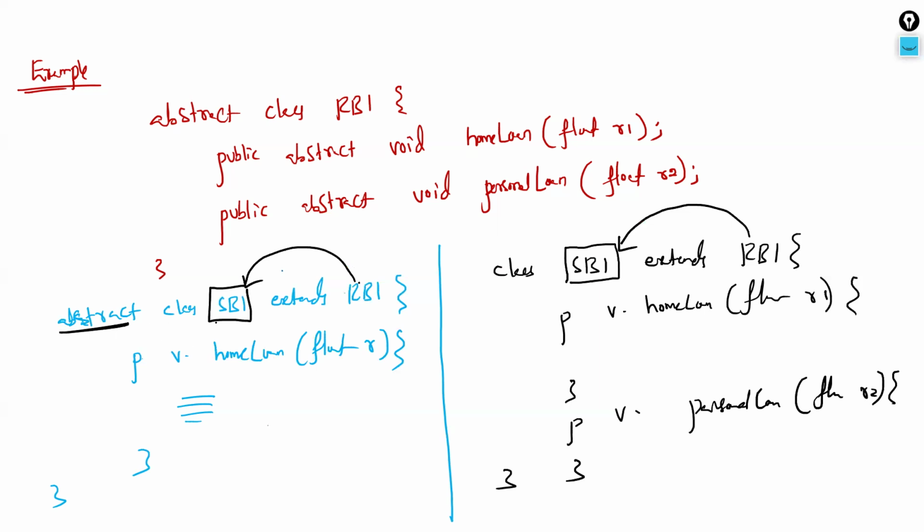Then a further child class has to implement the rest, and only then can this home loan method be executed. For that class we can create the object because it's a concrete class, a class with concrete methods, a non-abstract class. Clear? So this is about abstract methods and abstract classes.